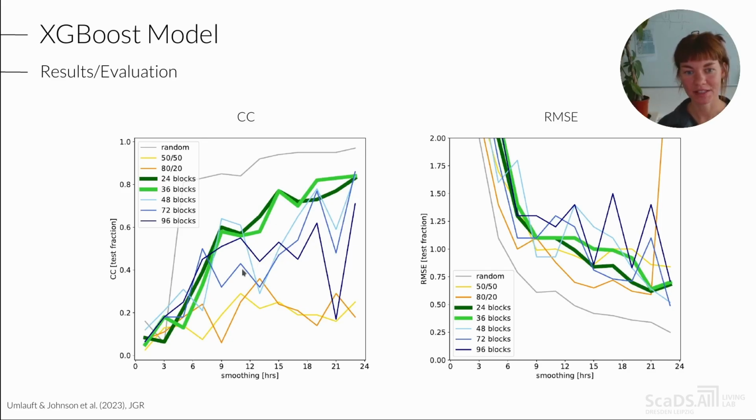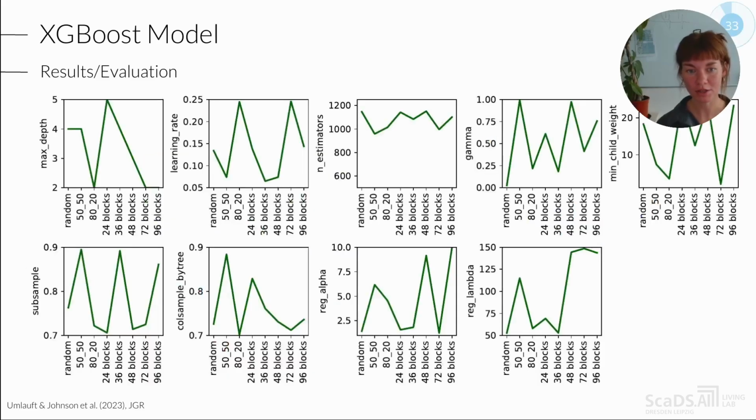You can see that if you have a model of 96 hours, even though you sometimes have very high or reasonably high correlation coefficients, sometimes they are very low, which indicates that the model is not really robust and stable. It doesn't really learn and is not really able to generalize, let's say. Okay, but we are quite confident and happy with the 36-hour-long blocks.